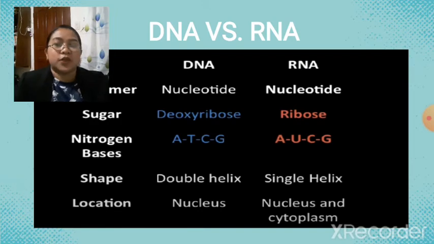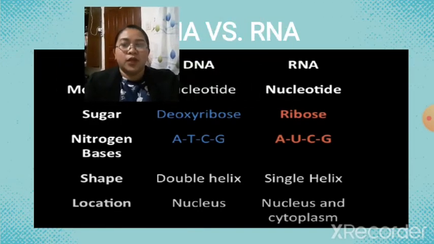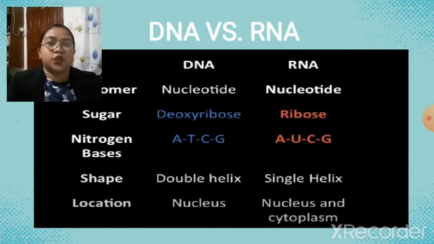Let's know about the difference between the two of them. In the sugar, we have deoxyribose for DNA and ribose for RNA. Also, the nitrogen bases are slightly different. For DNA, we have A, T, C, G, while in RNA it is A, U, C, G, in which it has no thymine.